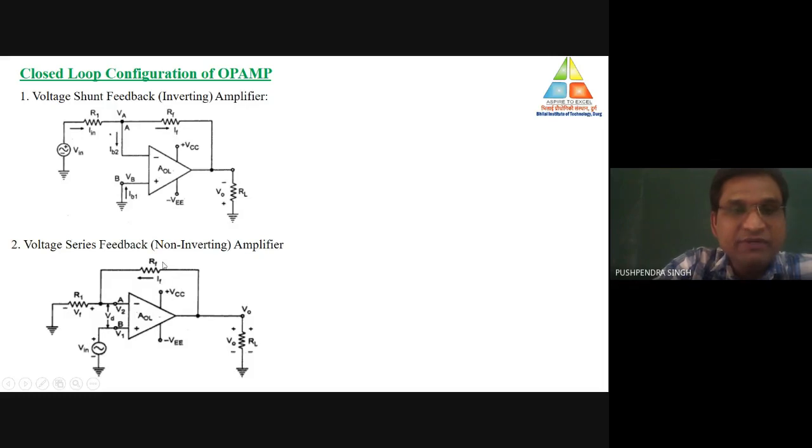That's why it is negative feedback, and we have already discussed that for reducing the value of gain, negative feedback should be used. So the connection is okay, and with this connection we may reduce the value of gain. How is it connected to the input? It is connected in series with the input. Why? Because as per the concept of virtual ground, which we will discuss in the next slide, the concept of virtual ground or virtual short circuit.